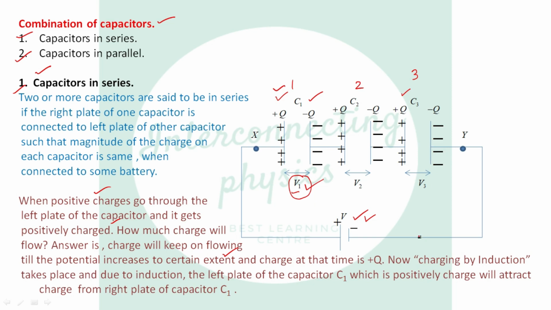Now, charging by induction. Do you remember? I taught you in the first chapter, electric charges and fields, the methods of charging a conductor, and one of those methods is charging by induction. Now, what happens in induction?